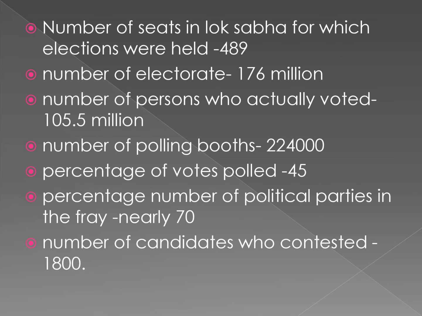The number of seats in the Lok Sabha for which elections were held was 489. The number of electorate was 176 million. The number of persons who actually voted was 105.5 million. The number of polling booths established was 224,000. The percentage of votes polled was 45%. 70 political parties participated in that election.